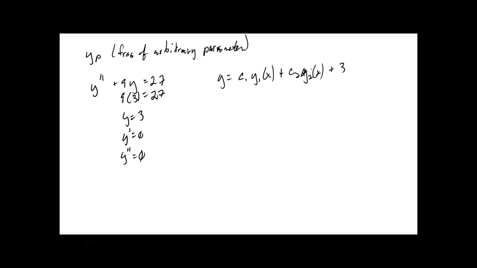But it doesn't have a parameter with it. The homogeneous part will produce the parameters. The right-hand side will not. Okay? Now, again, they haven't told you enough for that to be making good sense yet.